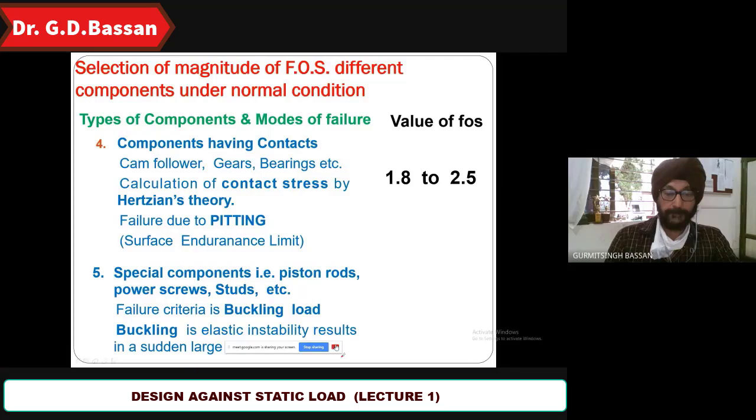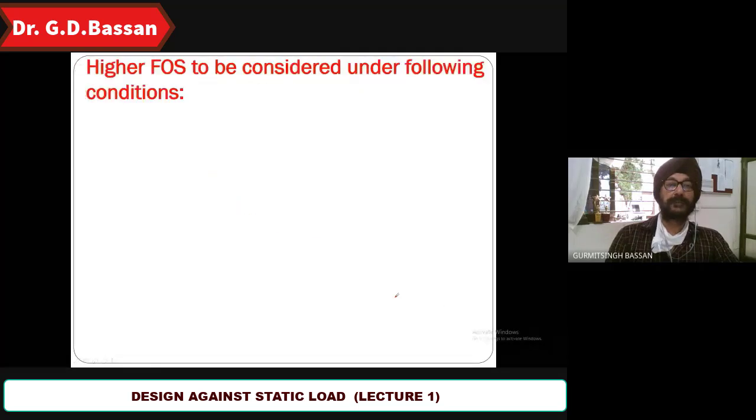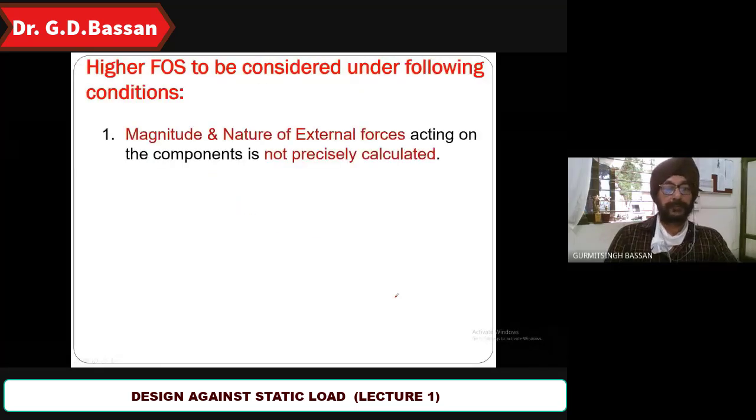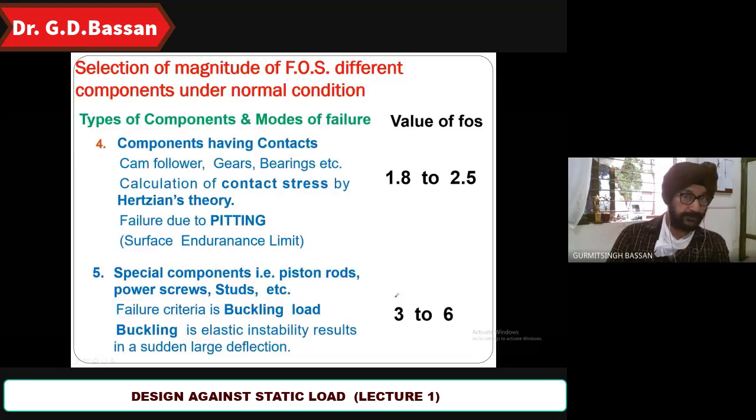Okay, and the factor of safety is 3 to 6. So this is about the 5 various types of components and modes of failure.